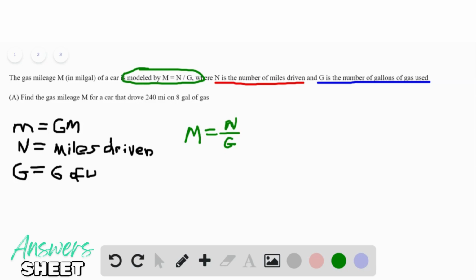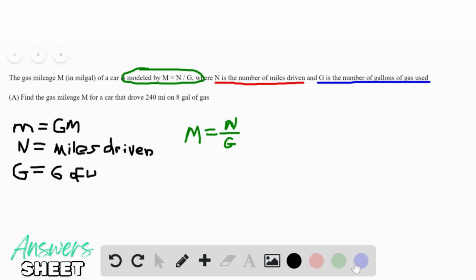Now that we have all the key parts of the problem highlighted and underlined, let's break it down. So ask yourself, what are we trying to find? What we are trying to find out is gas mileage, which we know is represented by the variable M. So if you forget, we have it right here. I'll do it in blue.